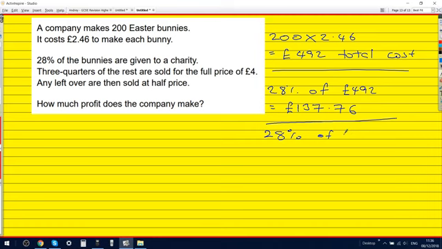The bunnies. Is that just £2.46? No. 28% of the bunnies were given to charity. How many bunnies were there originally? 200. So 28% of 200. Okay. 56. So 56 bunnies given to charity.